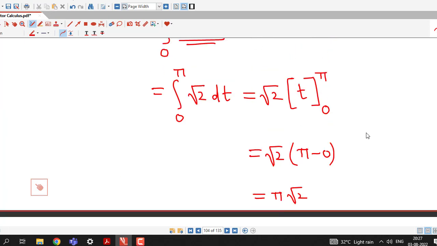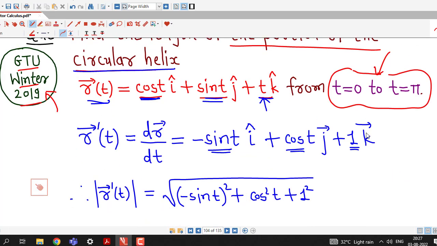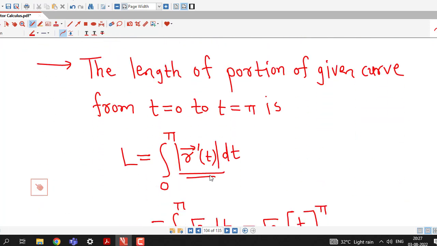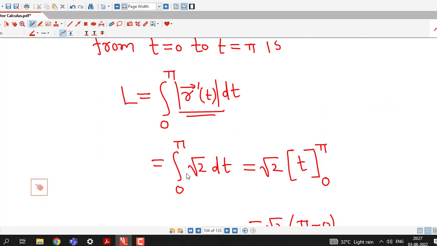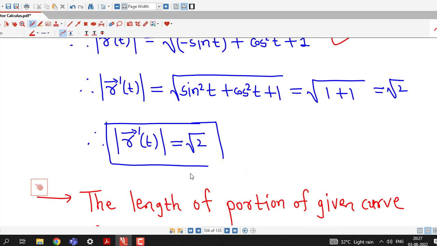So this is a very simple example. We first differentiate the given vector to get r bar dash with respect to t, then we find the length of the vector r bar dash, and then we integrate that length with respect to t from t equal to 0 to pi, and we obtain our answer as pi times root 2.